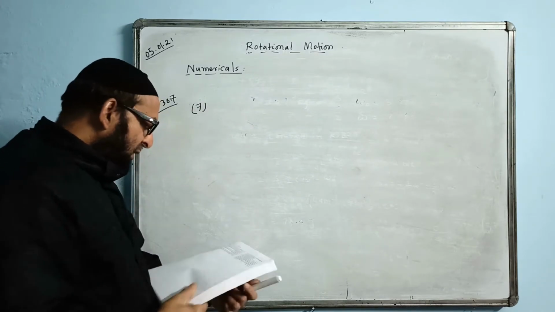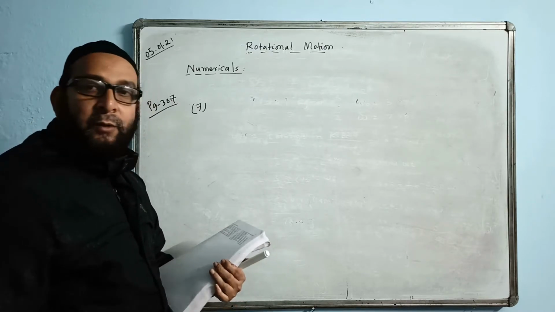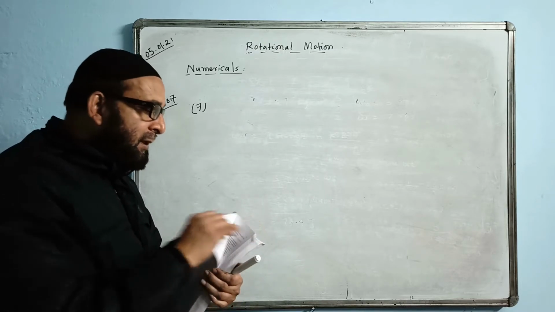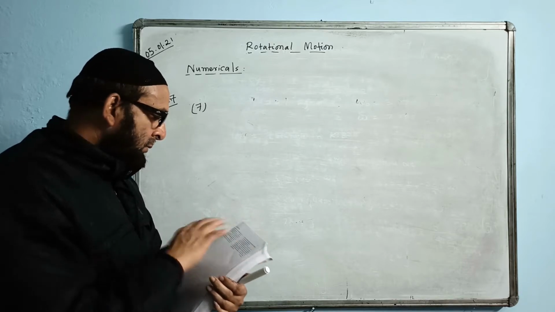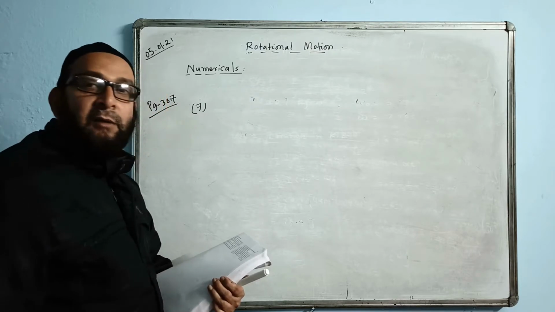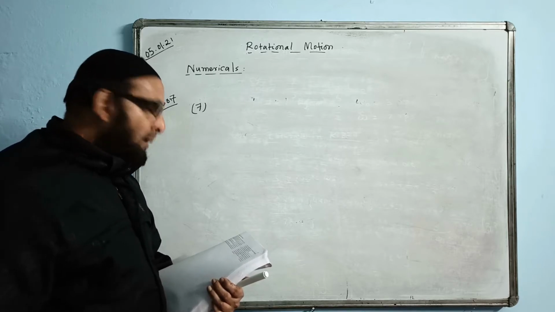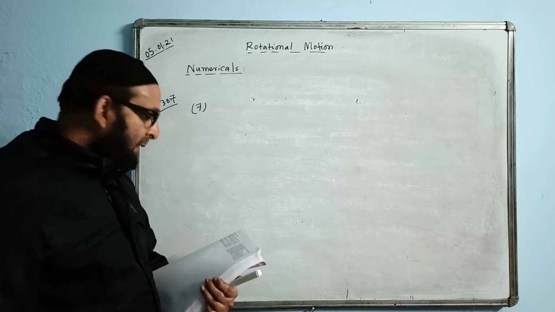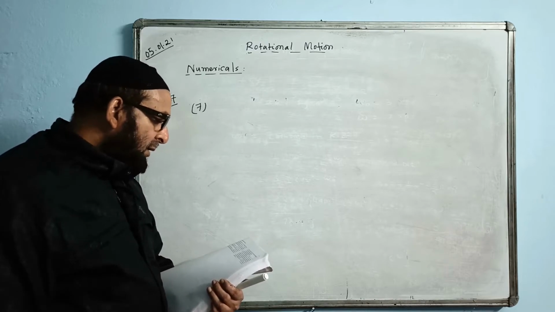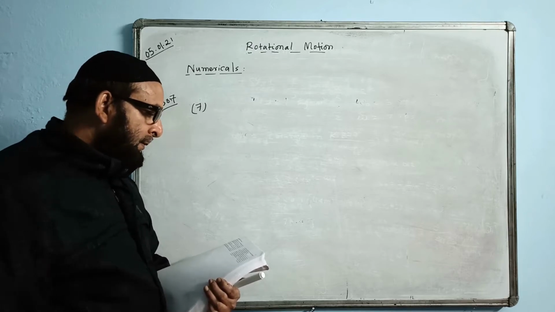Question number 7. Question says a disk of mass 1.0 kg and radius 0.1 meter is rotating at the rate of 2 rpm about an axis passing through the center and normal to its plane.